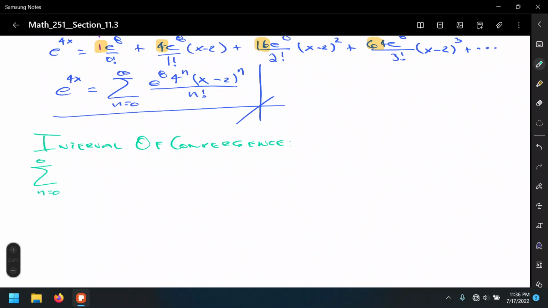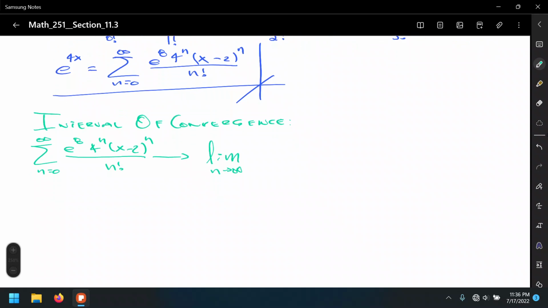The sum from n equals 0 to infinity of e to the 8th, 4 to the n, (x minus 2) to the n over n factorial. Recall in this case that we need to use the ratio test, so the limit as n approaches infinity of the absolute value of a sub n plus 1 over a sub n.